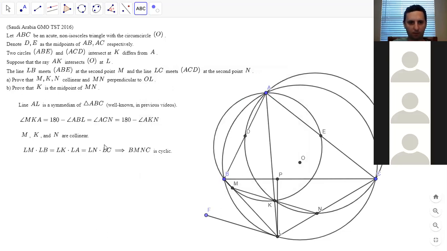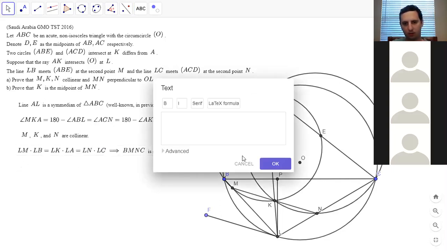And so, first of all, we have LO is isogonal with LP with respect to angle BLC. That's an easy angle chase.